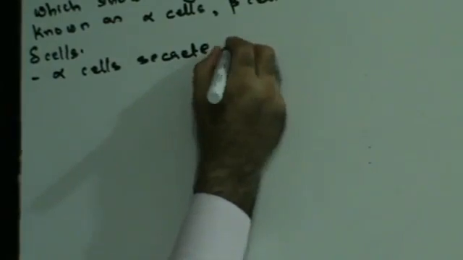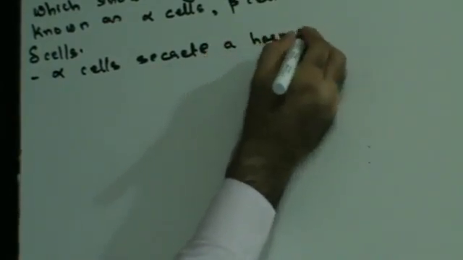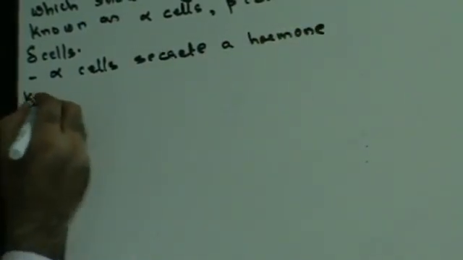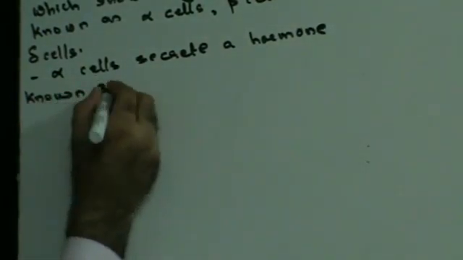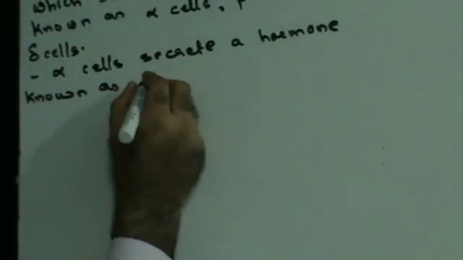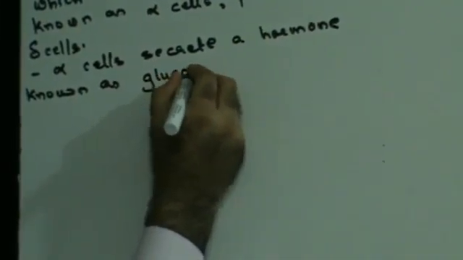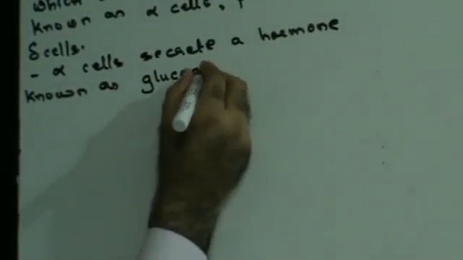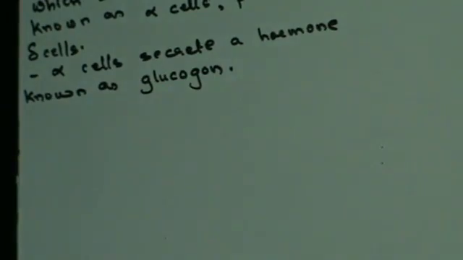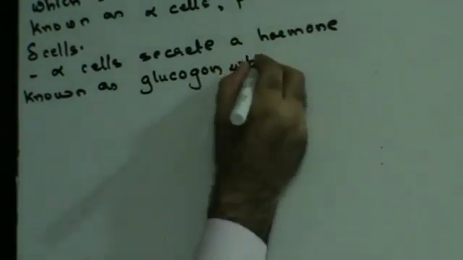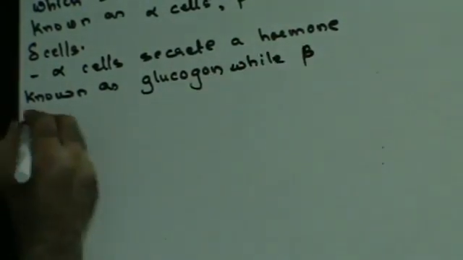Now, the alpha cells secrete a hormone known as glucagon, whereas the beta cells secrete insulin.